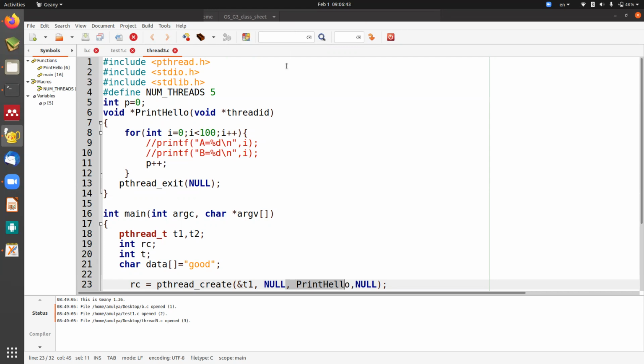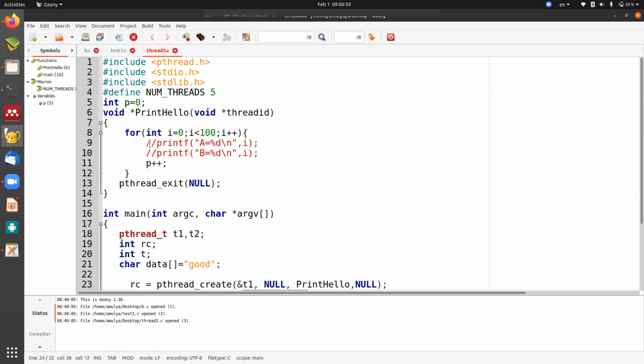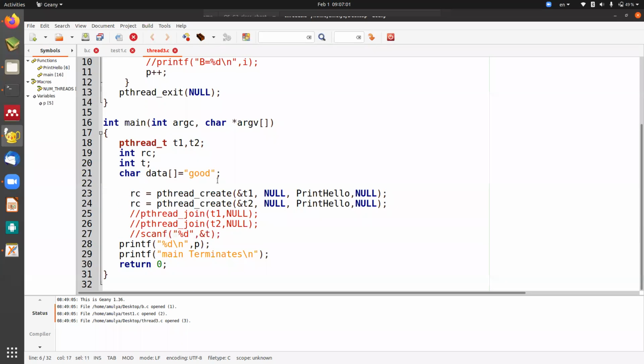Since they are using the address space of the process, if you are running two threads, and then immediately your parent process comes here, how many processes are created? One thread created, another thread created, both threads start at print hello. At the same time, your main process comes for printing something.